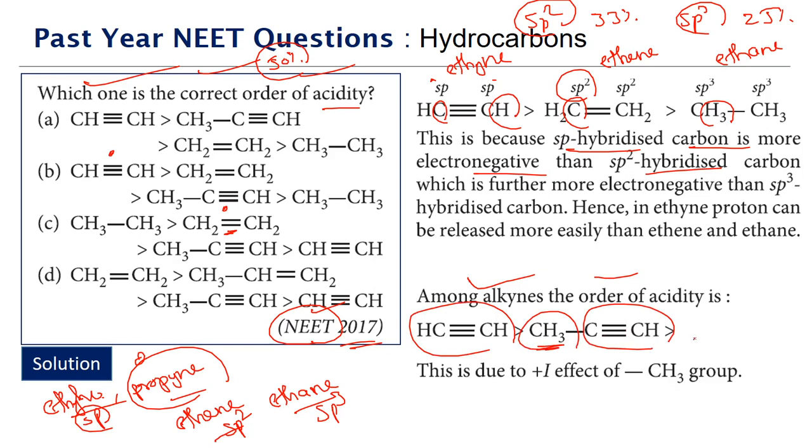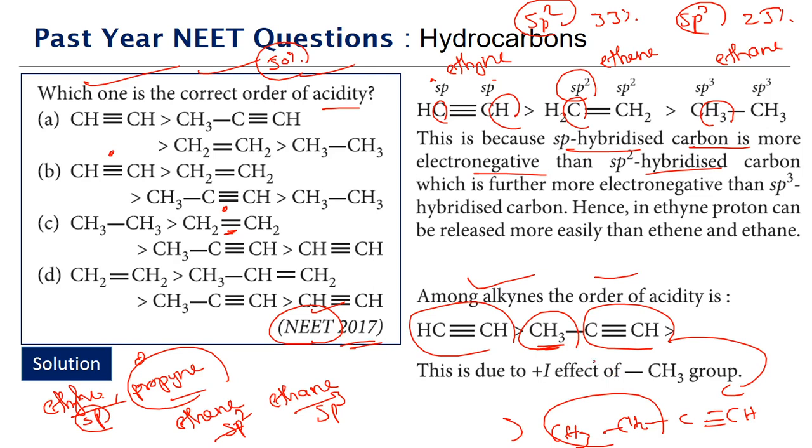In fact, if you look at a further step, say 1-butyne, that will be even less acidic, because here the plus I effect comes from the ethyl group, whereas in propyne the plus I is only from the methyl group. So as we increase the carbon chain length, the acidic nature of the alkynes decreases. This is a point we can remember.